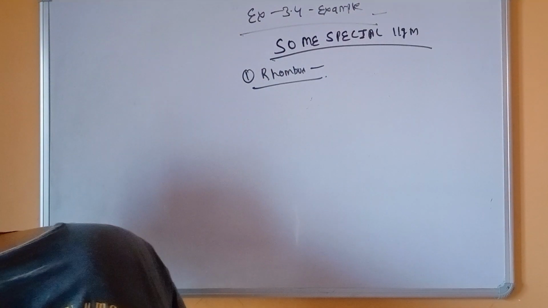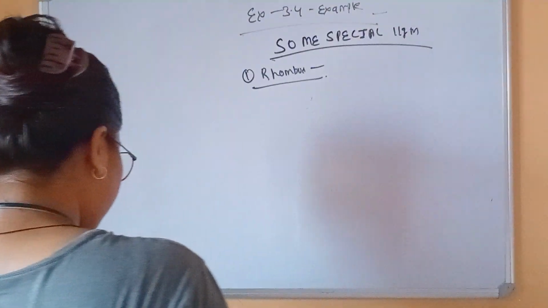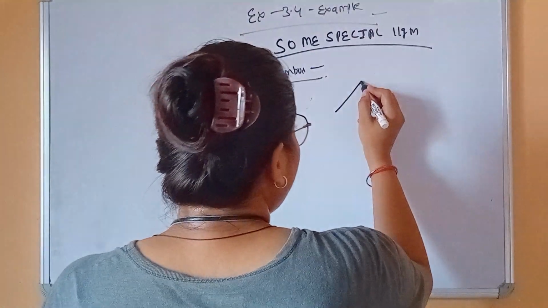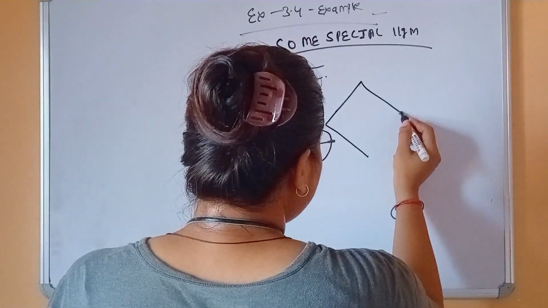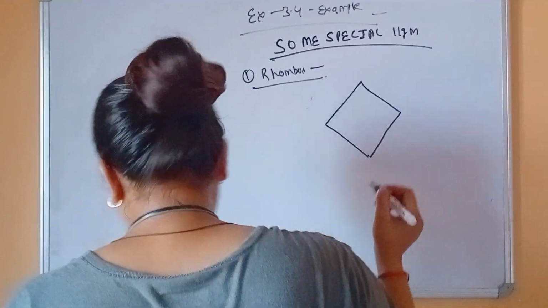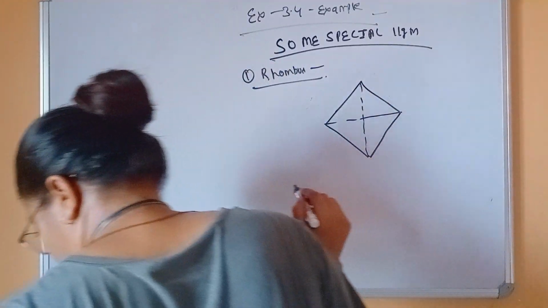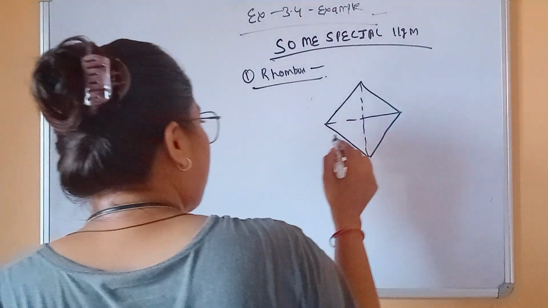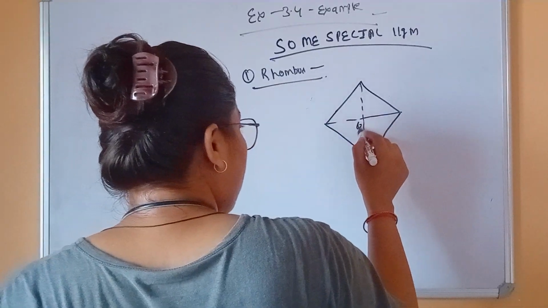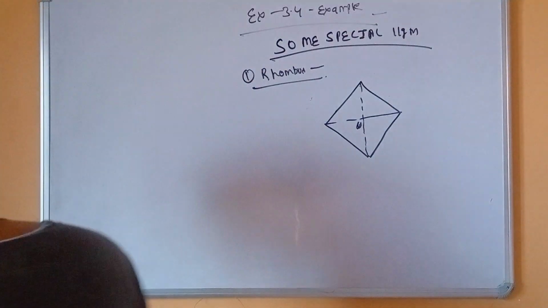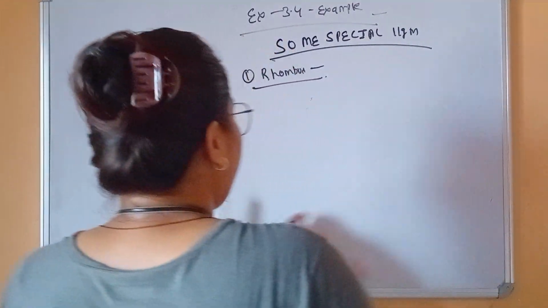One question is given. Make a kite-like figure where all four sides are equal. Here make the diagonals, with O at the intersection. If you make a large figure, then you understand easily. So we make a big figure.